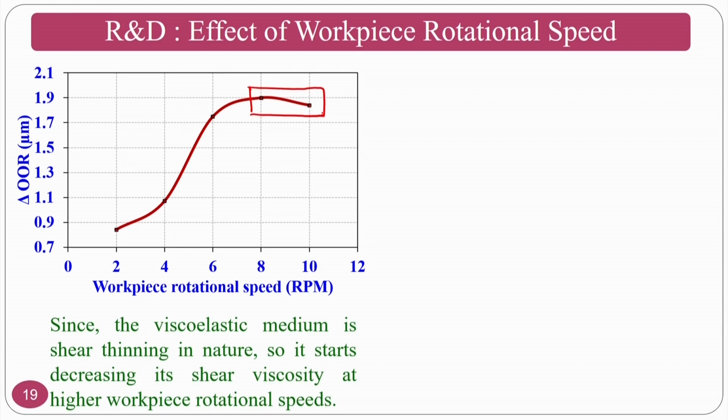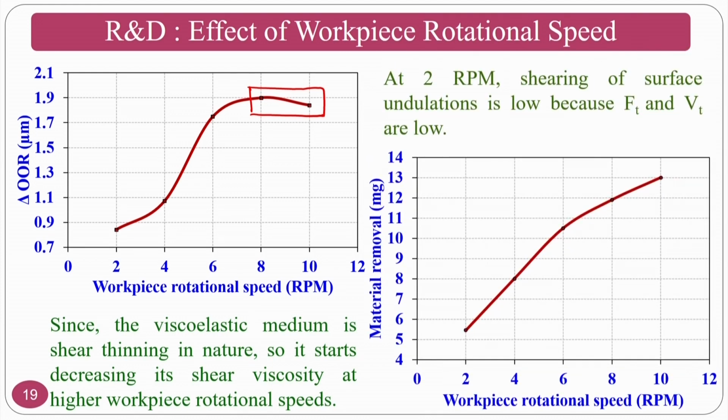Okay. So, if you increase the rotational speed, what will happen? The finishing length will increase and the interaction friction is very high. So the polymer may get heated, because of which the viscosity of the fluid may go down slightly.